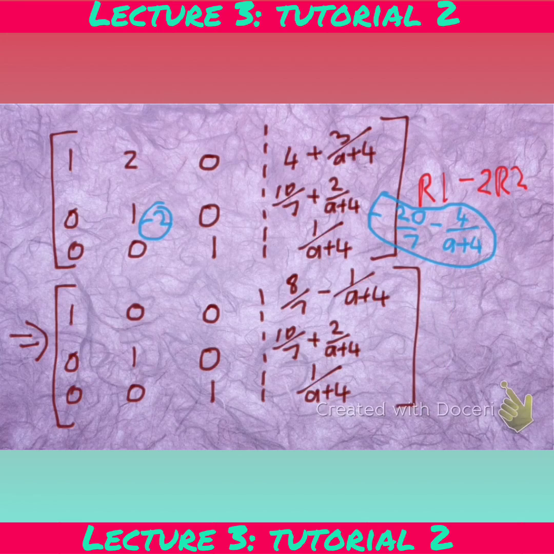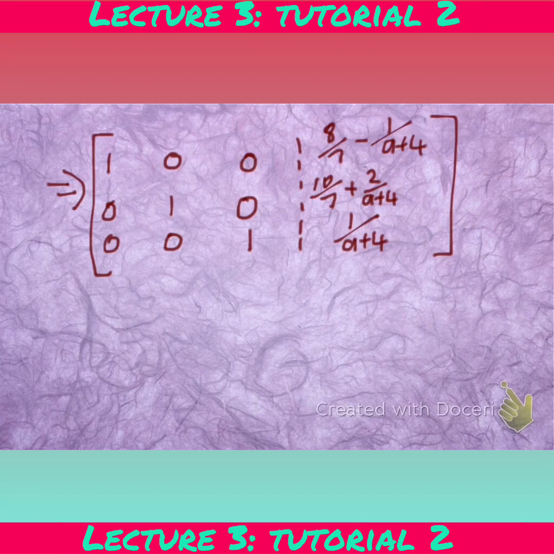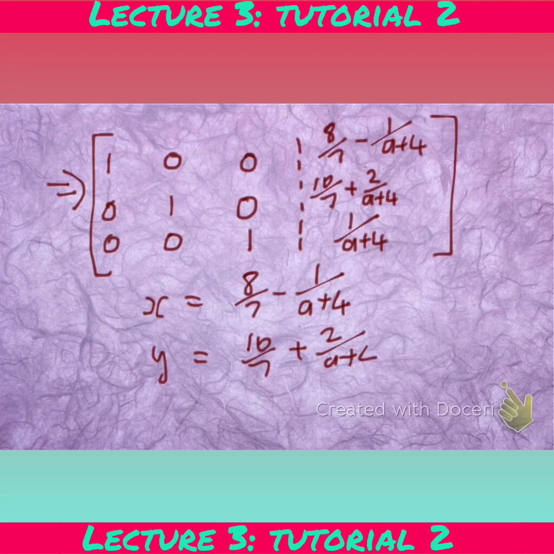Then we can read off our values. So x is solved as 8 over 7 minus 1 over a plus 4. Y is solved as 10 over 7 plus 2 over a plus 4. And z can be solved as 1 over a plus 4, where a plus 4 is a non-zero real number.